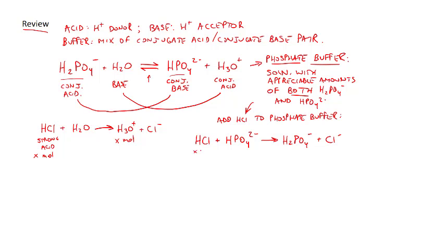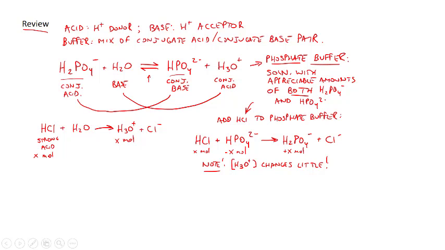And this time, again, because it's a strong acid, if we add X moles of HCl, that means we have gained X moles of conjugate acid and lost X moles of our conjugate base. But what we have not really done here is change our hydronium concentration. And that's the principle of buffering action.